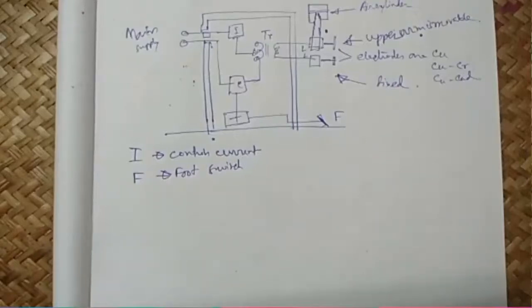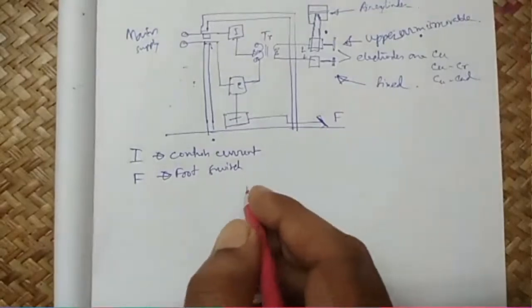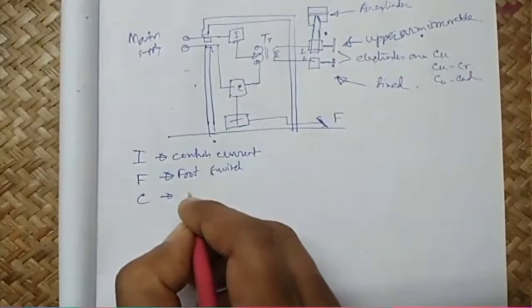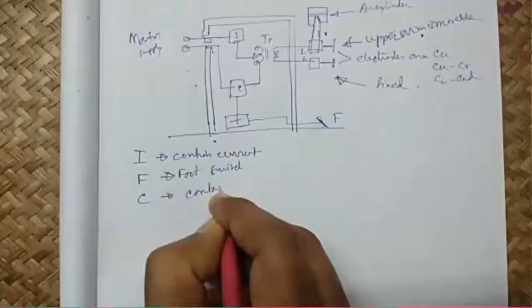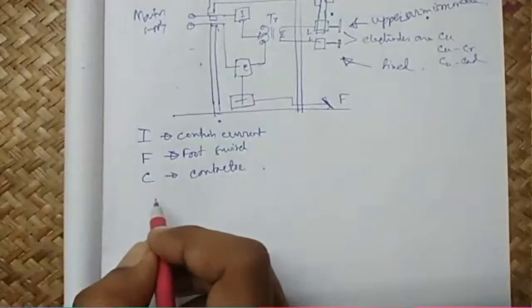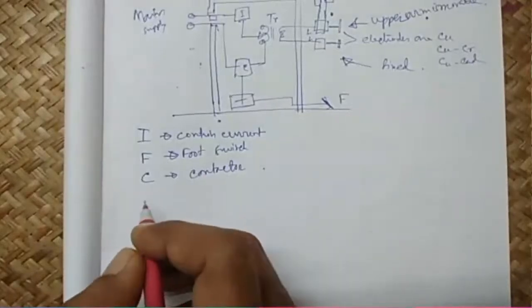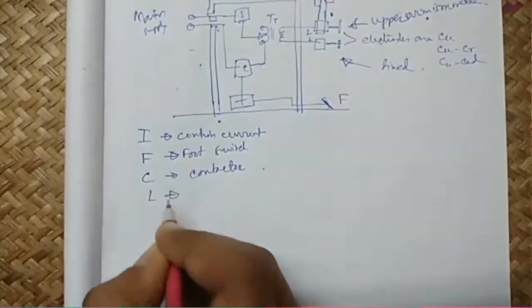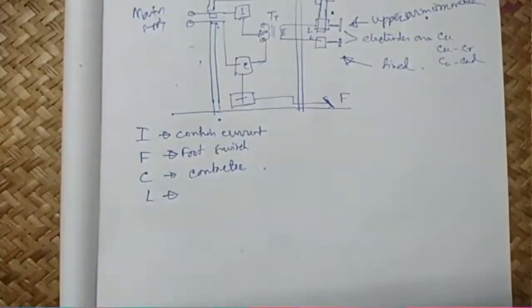This is the principle. So F is the foot pedal, C is the contactor which controls the contact, and thus this controls the on-off of the current, or we also call it the circuit breaker.